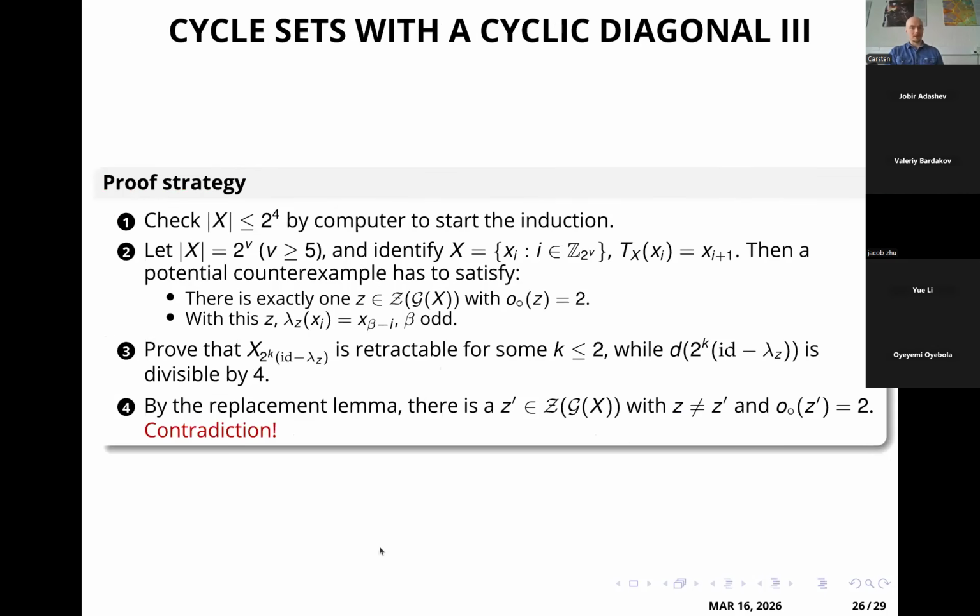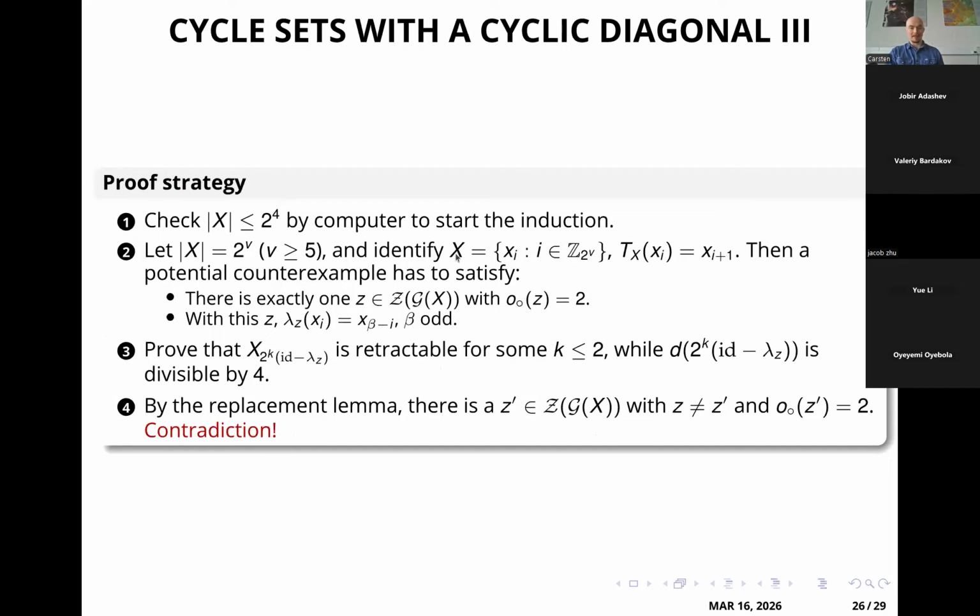So the proof strategy is we first show that the theorem is indeed true for cycle sets of order less than 16, and for the size 16 case, I need to use some constraint programming, which is already kind of annoying. So maybe there's something more elegant, and then we do the same as before.